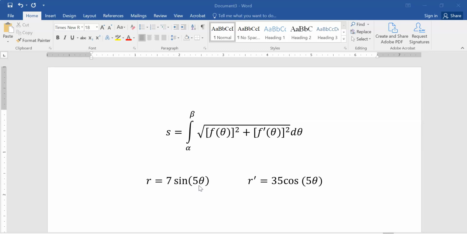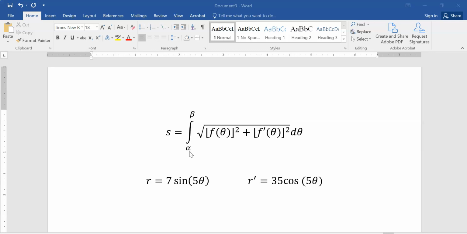In this case, that's 5. So I'm going to get 5 times 7, which is 35 cosine of 5 theta. So that's my r prime. So I'm going to stick 7 sine 5 theta in for the f theta. I'm going to stick 35 cosine 5 theta in for the f prime.